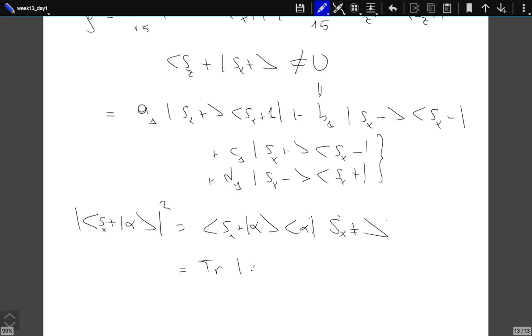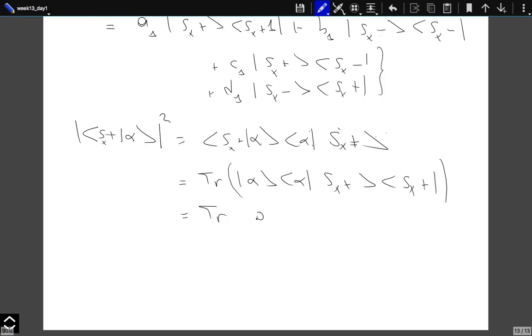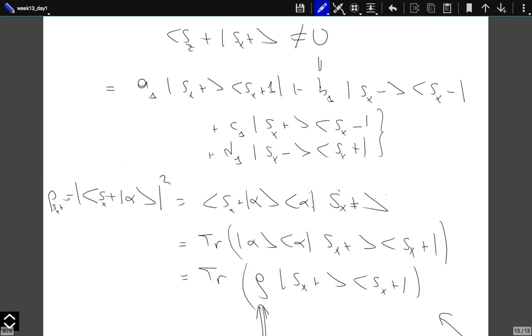This I can write as the trace of alpha alpha Sx plus Sx plus. In our new notation, this is the trace of rho Sx plus Sx plus. This will be true even for systems in which you cannot describe it as a single ket alpha. Just put here whatever the density matrix is describing your system. This is the probability of Sx plus. And that will be basically this diagonal element over here, B1.